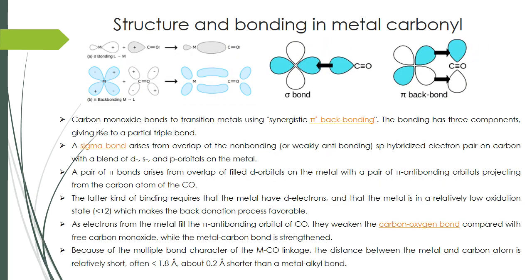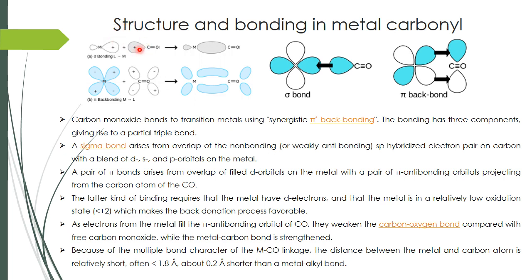Coming to the structure and bonding in metal carbonyls, the metal carbonyls exhibit both sigma bond and pi bond formation. This is a sigma bond. During sigma bond formation, electron density flows from the carbonyl ligand to the metal atom.